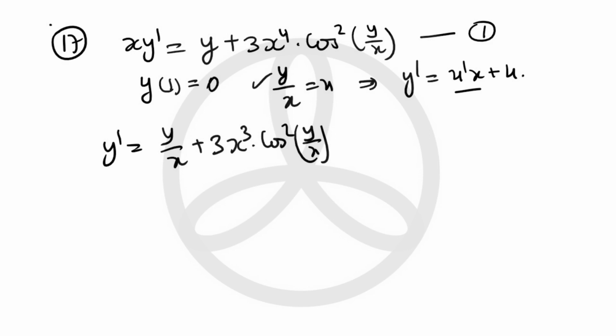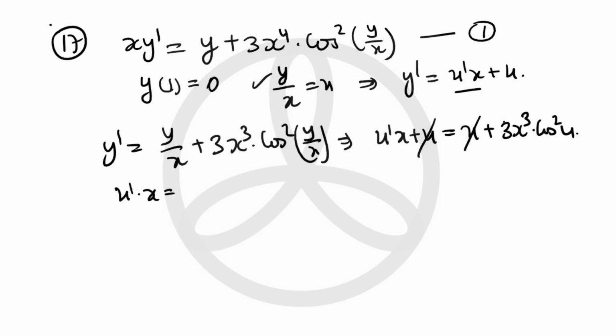what we are going to get is u prime x plus u is equal to u plus 3x cube into cos square u. Okay, and then one u will cancel each other out, and we will be left with u prime x is equal to 3x cube cos square u, and then this will give u prime is 3x square cos square u.